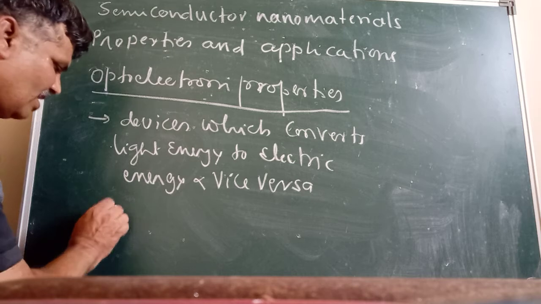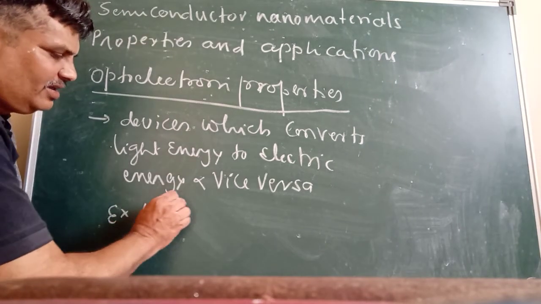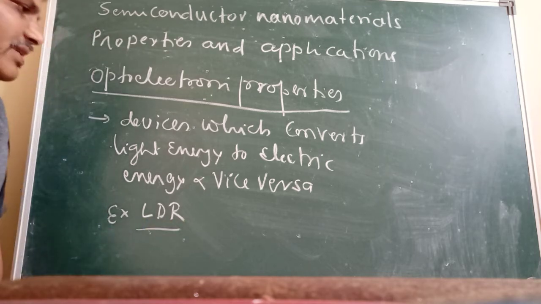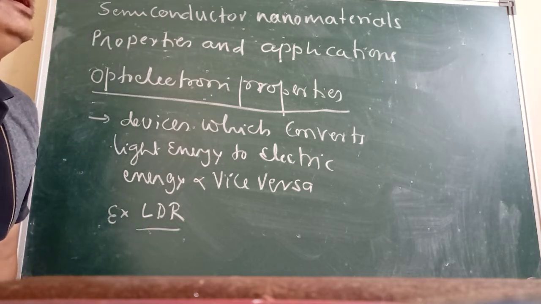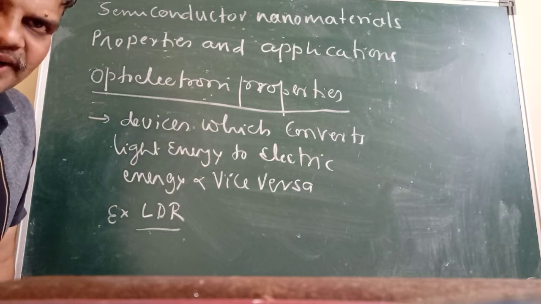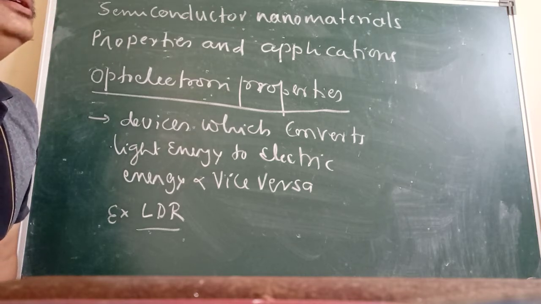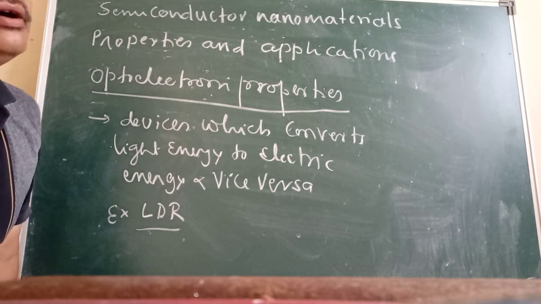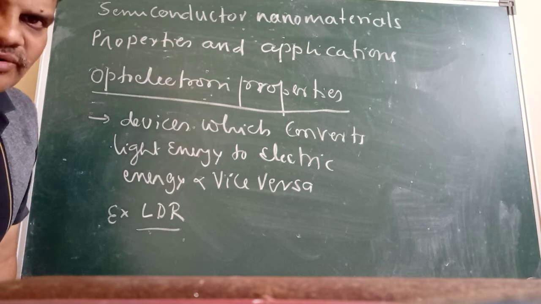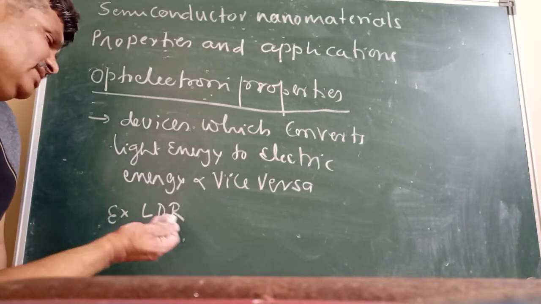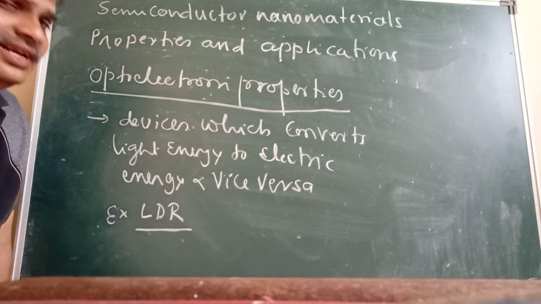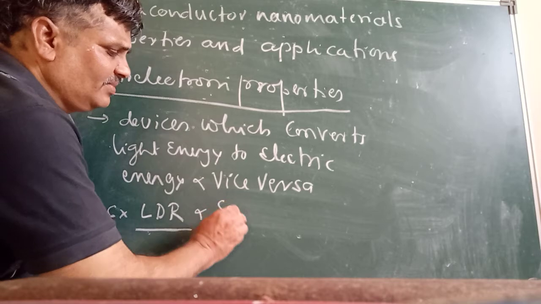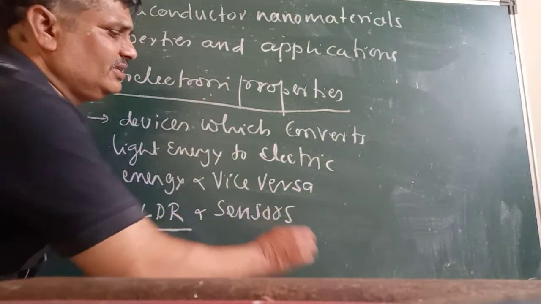For example, LDRs, light dependent resistors, flat panel displays, and again lasers and LEDs. There, electrical energy is converted into light energy, and in the case of the light dependent resistor and some sensors, light energy is converted into electrical energy.